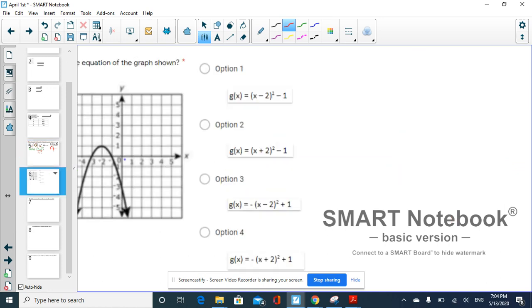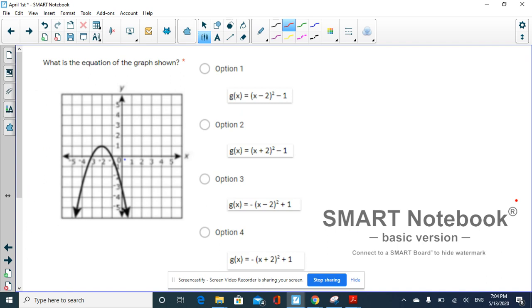Look at this graph and choose from these choices which one is the equation of this graph. Okay, the easiest thing to do is to read the vertex. What is the vertex? Yes, this is negative 2 and 1, meaning negative 2 comma 1.